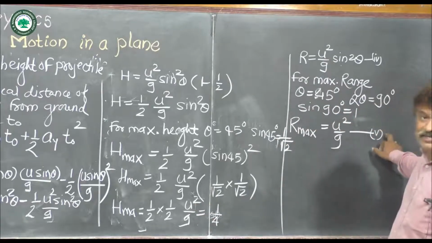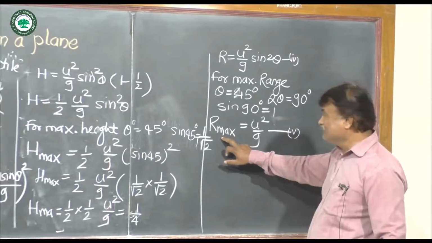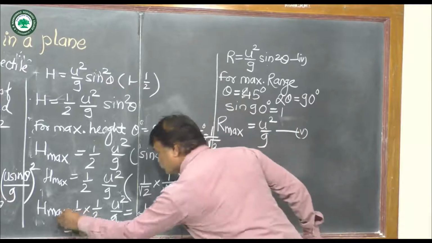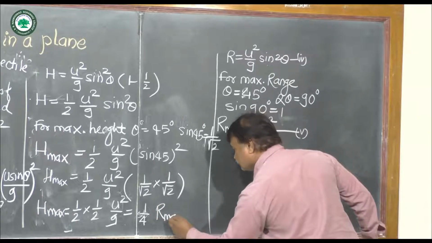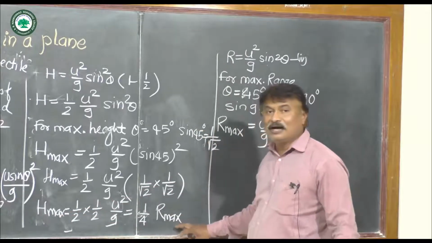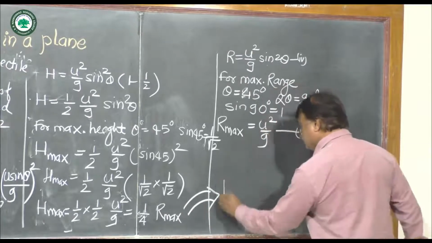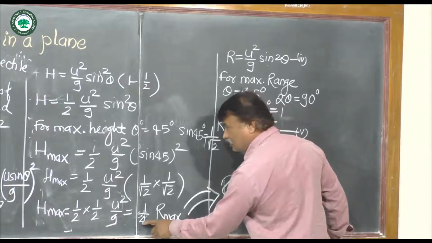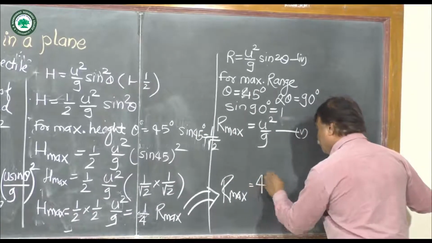For that purpose, concentrate on equation 5. Equation 5 gives us R max, the maximum range, that is equal to u square upon g, and therefore instead of this u square upon g we write directly R max. So we get the relation H max is equal to 1 by 4 R max, and this can be written as, the 4 on that side will be multiplied, and therefore R max is equal to 4 into H max.